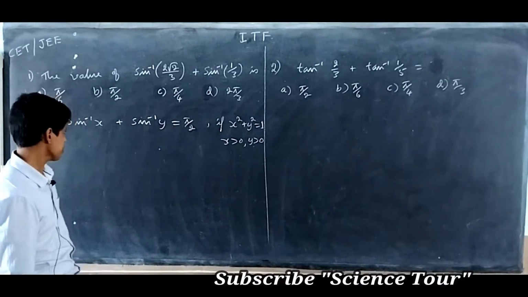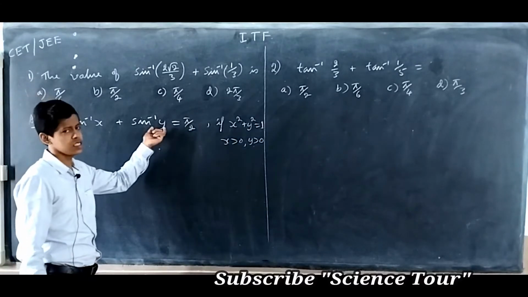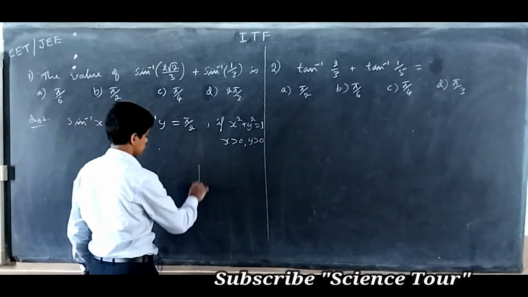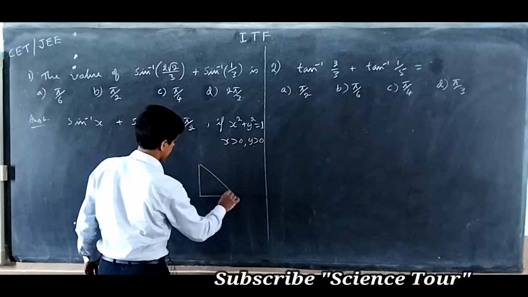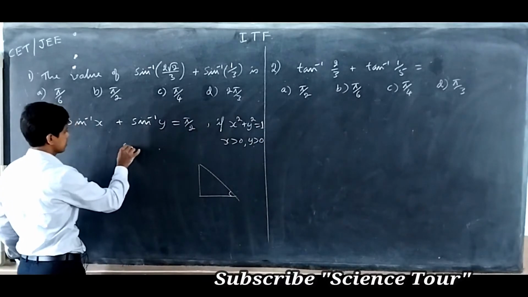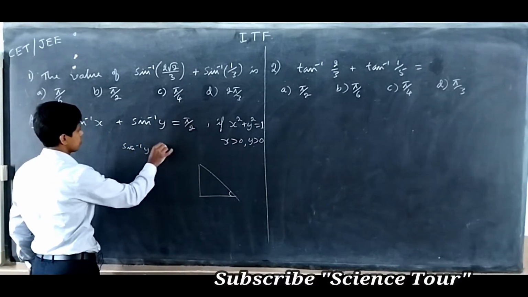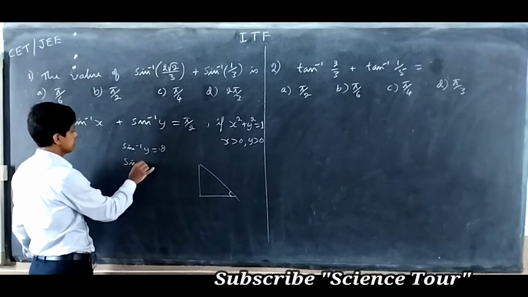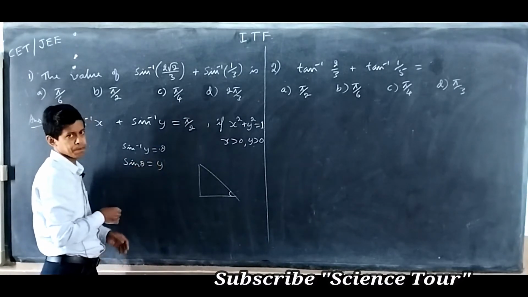See, if you want to change this y in terms of x, let us say, I'll take sin inverse y is equal to theta, for better understanding, and this sin theta is y, correct?